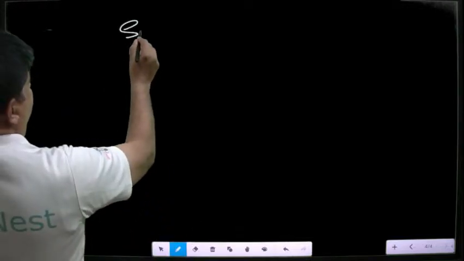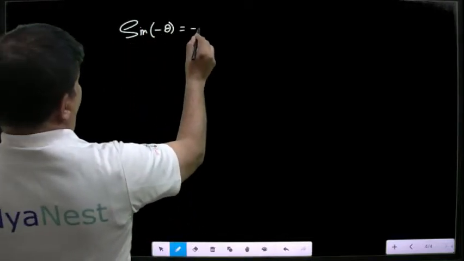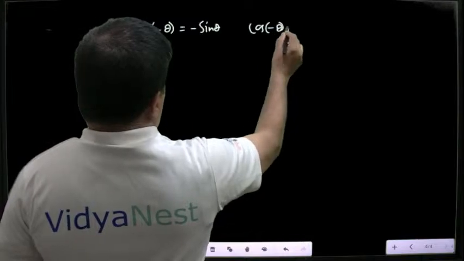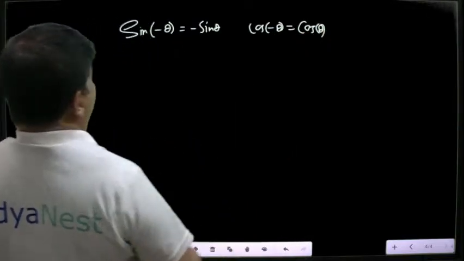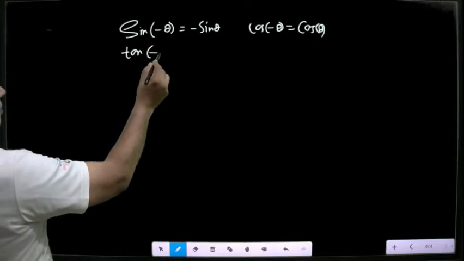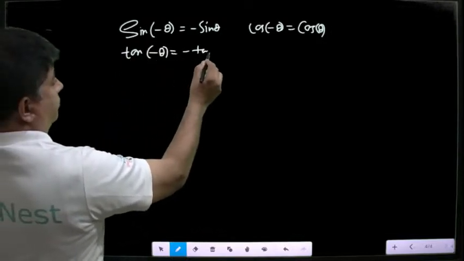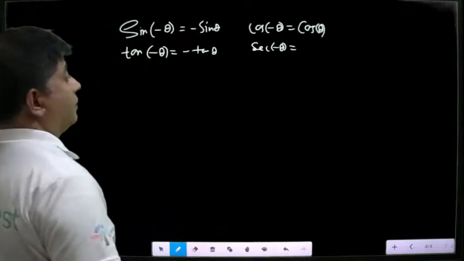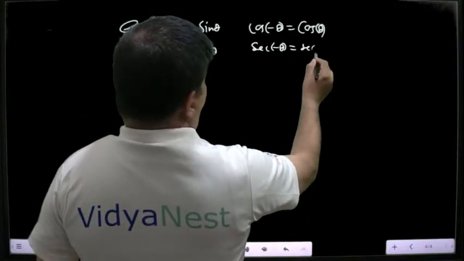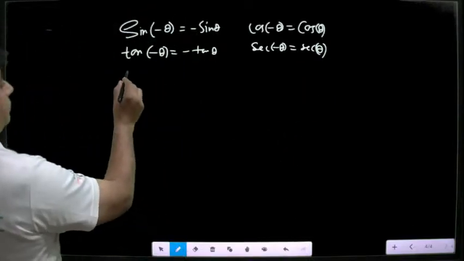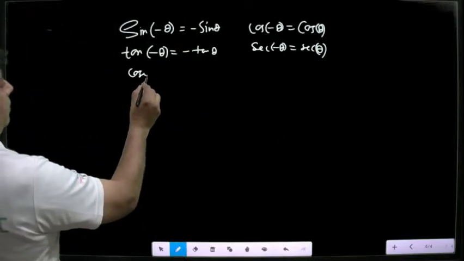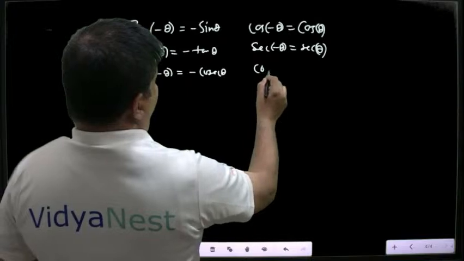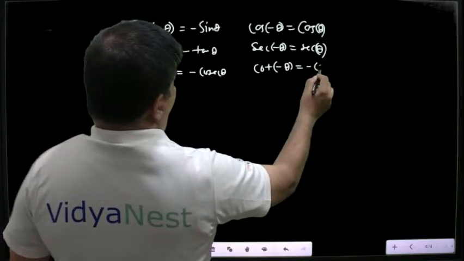So we have got sine of minus theta is minus sine theta, cos of minus theta is cos theta, minus is absorbed. Similarly tan of minus theta, minus will come out, but sec of minus theta, minus will be absorbed, but cosec of minus theta, minus will come out, and for cot also minus will be brought out.